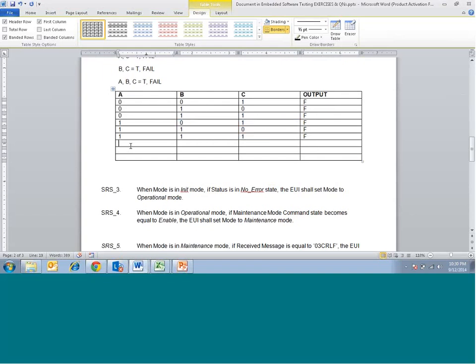The last condition is 0, 0, 0. It will become true. That means true means there is no failure or not a failure. Here in this case there is a failure, right? One more condition is all should be 1, should become failure. F means basically failure.